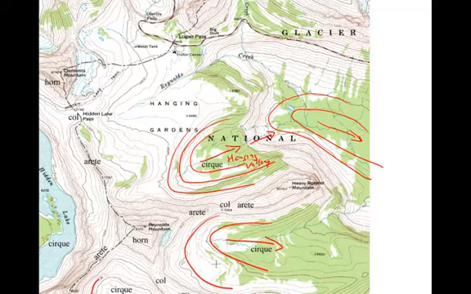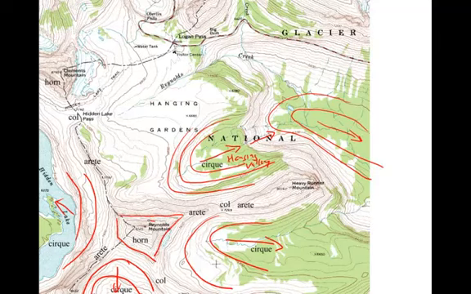Where cirques erode a mountain from multiple sides, what we're left with is a horn, a pyramid-shaped mountain peak formed by cirque erosion on 3 or 4 sides of the mountain.